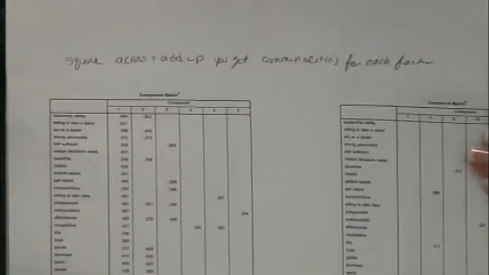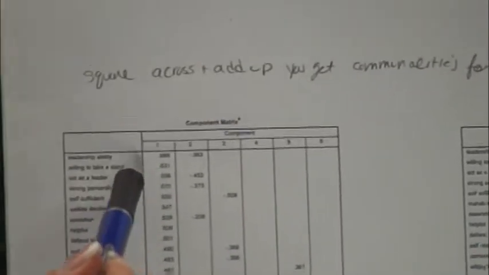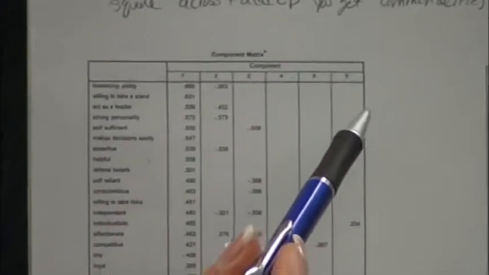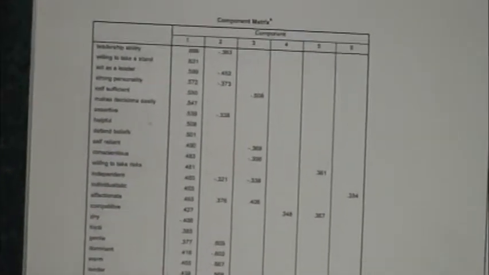So you square each number and add down, and that gives you the eigenvalues. If you square and then add across, it's going to give you the communalities, which is how much each particular item itself, like leadership ability, contributed to the model overall.